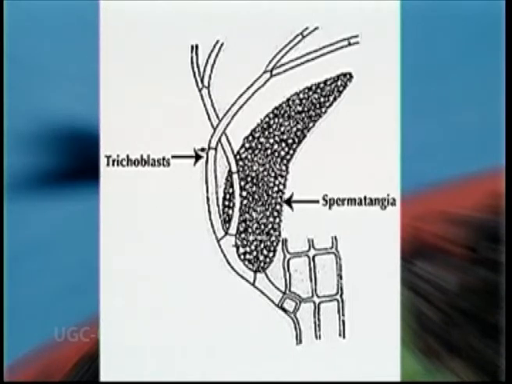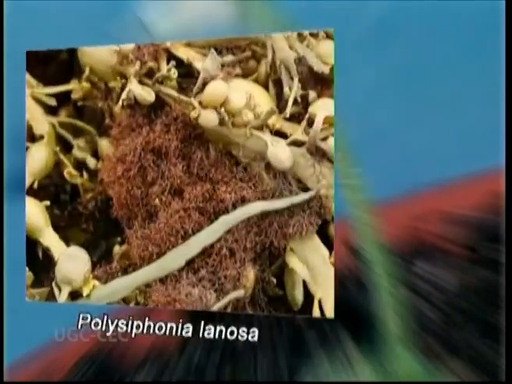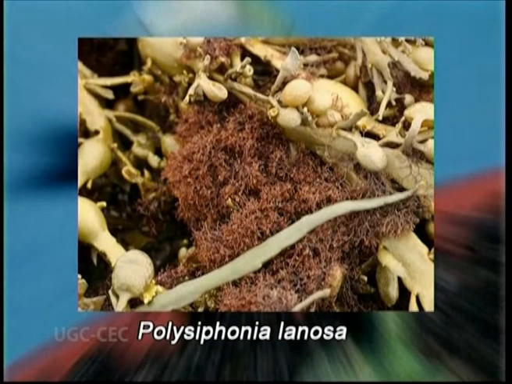In some species, such as Polysiphonia lanosa, both the branches may become fertile, while in others, one branch becomes fertile and the other remains sterile, which may develop into a repeatedly forked sterile axis. The fertile branch remains unbranched but is many-celled in length.